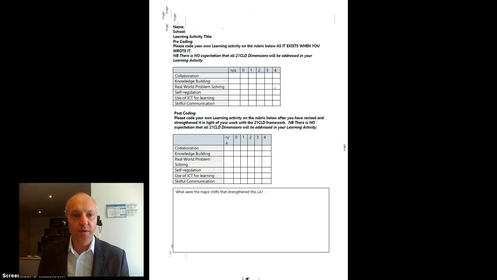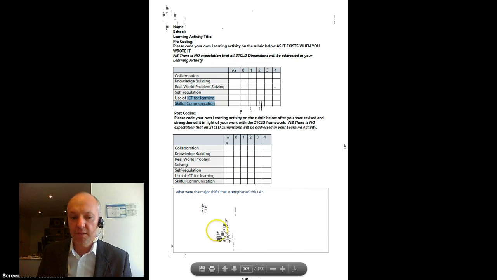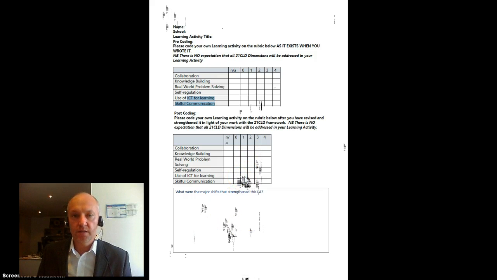The simple template we're going to use will look like this one. We don't need to complete the top part. We already know use of ICT for learning is a 1. But post coding, I'm going to get you to consider the shifts you would make in that learning design, drop them in this box below, and recode your new lesson. Let's say you've made some changes to the pedagogy and the technology, and the content knowledge looks okay.